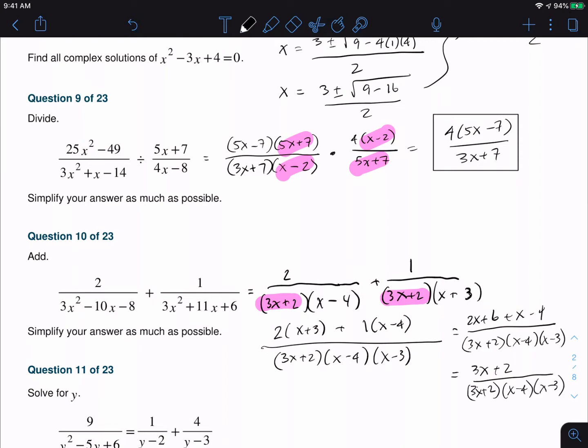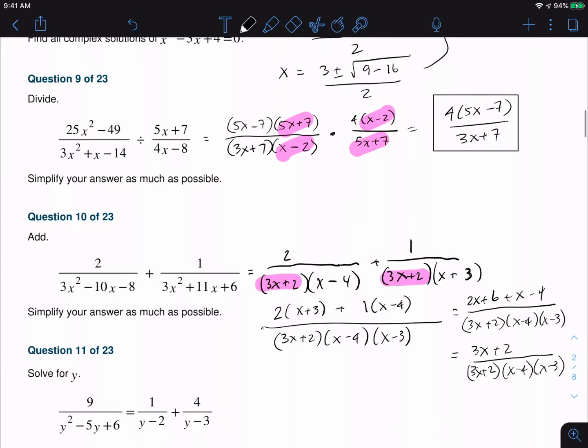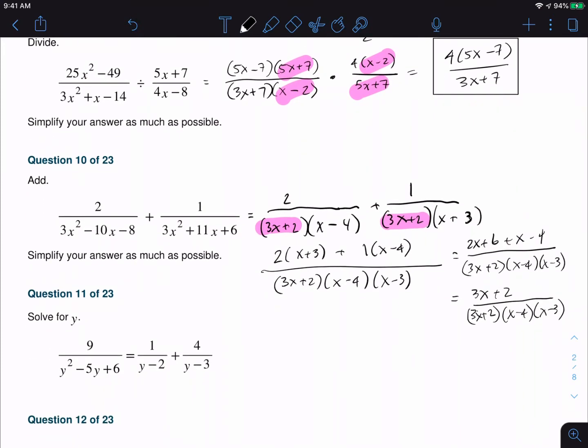But we can see that things cancel there, right? And so since things cancel, I'm going to get 1 over x minus 4 times x minus 3. And this is going to be my answer for this problem.